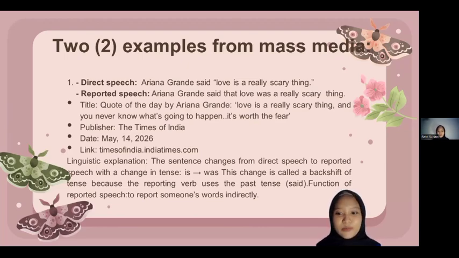The reported speech is: Ariana Grande said that love was a really scary thing. The sentence changed from direct to reported speech with a change in tense, is to was. This change is called a backshift of tense. The function of reported speech is to report someone's words indirectly.